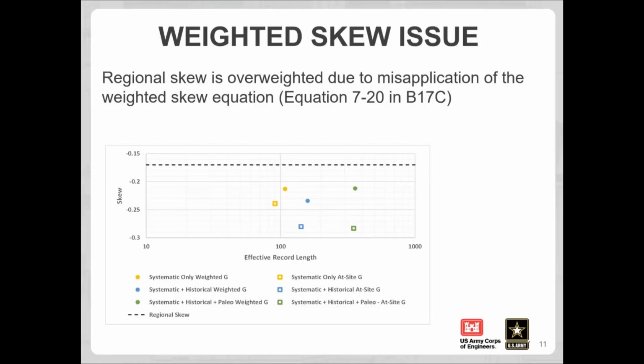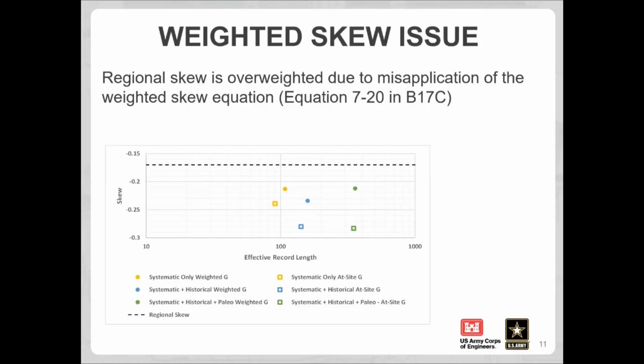We basically weight the regional skew estimate with the at-site skew estimate to get a weighted skew estimate, and the weighted skew estimates are the solid circles. What we should expect to see with weighted skew is that as you increase the amount of data that you have at your site, the influence or the leverage that regional skew has on your weighted skew estimate should go down.